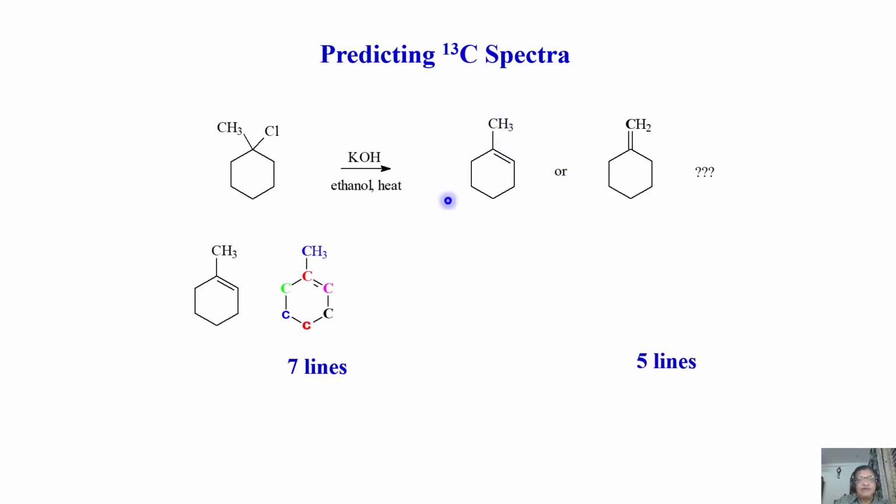If this is my molecule, there is no symmetry here. 1, 2, 3, 4, 5, 6, 7. There are 7 chemically inequivalent carbons. I must get 7 lines here. If that were to be the product, then there is a perfect symmetry along this, and you should get 5 different carbons here.